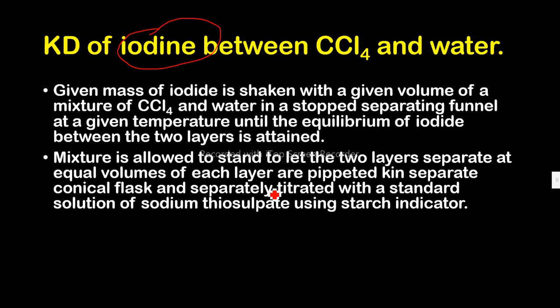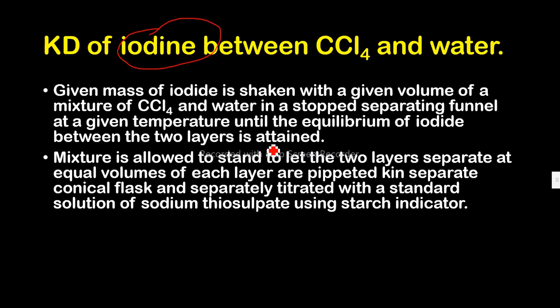Then since you have used some known volume, maybe 50 centimeters cubed of water and 50 centimeters cubed of the organic layer, or you've used 25, then you can titrate the whole aqueous layer, the whole organic layer with a standard solution. Now since our solute in this case is iodine, then we shall titrate it with sodium thiosulfate.